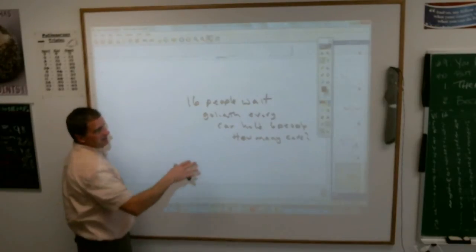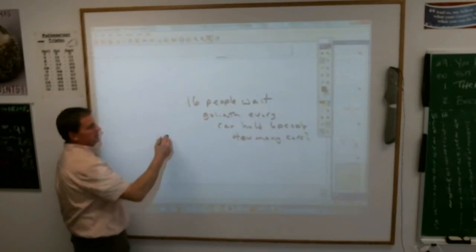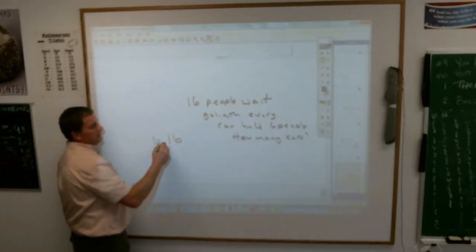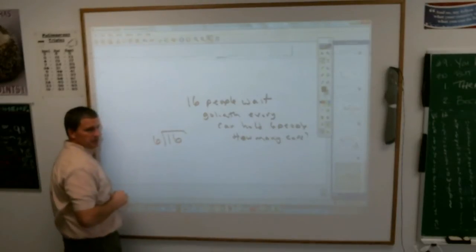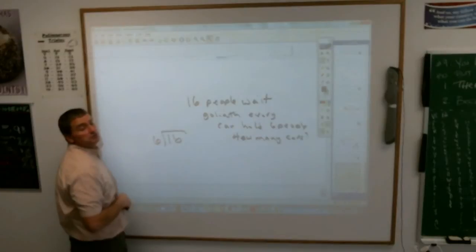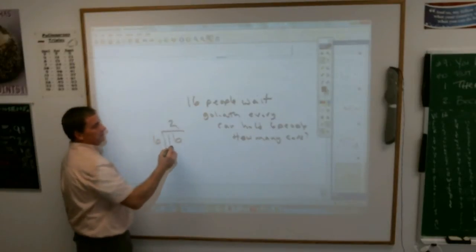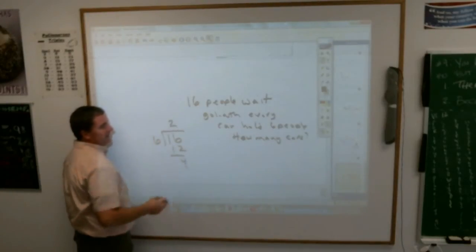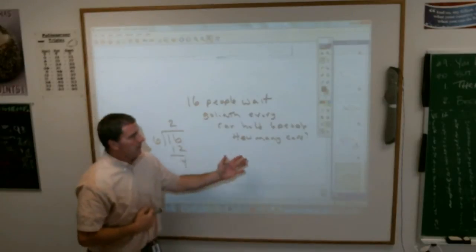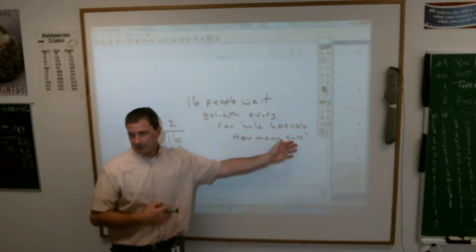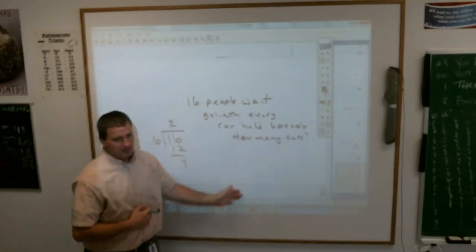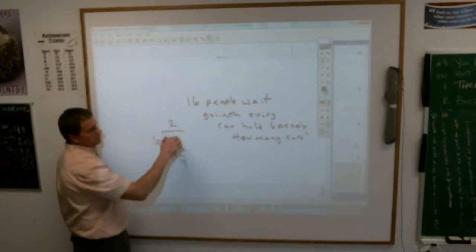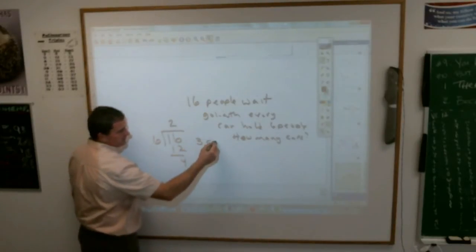Well, you're taking 16 and breaking it into groups of 6, so it's a division problem. How many times does 6 go into 16? It goes in 2 times, and then there's a remainder of 4, but you can't have a remainder of 4 of a car on Goliath. You're going to need 3 cars.